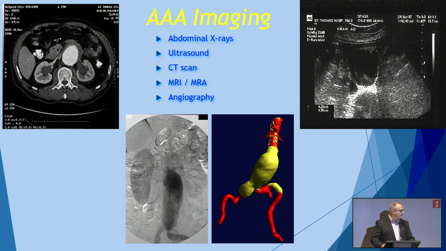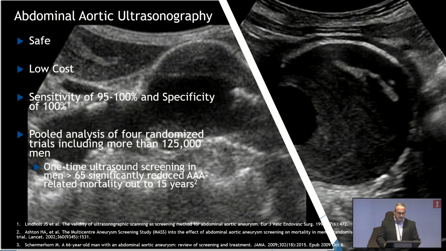So in terms of working up imaging, we can evaluate aneurysms with x-rays, ultrasound, CT scan, MRI, and angiography. However, the abdominal aortic ultrasound, as we have learned today from two excellent presentations, is very safe, low cost, and has excellent sensitivity and specificity.